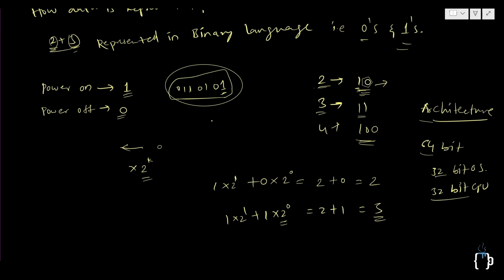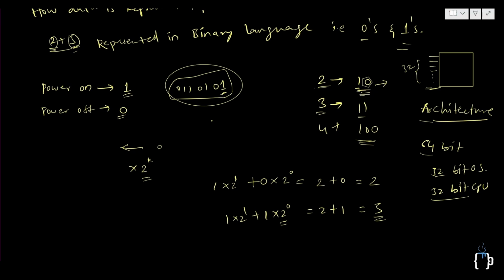32 bits means the CPU reads data with these 32 bits of lines. It has 32 lines to connect, totally 32. In 64-bit architecture, similarly, it has 64 such lines.